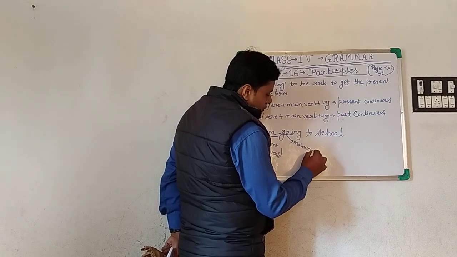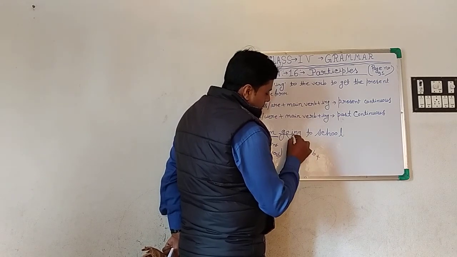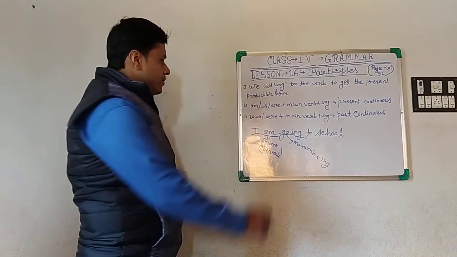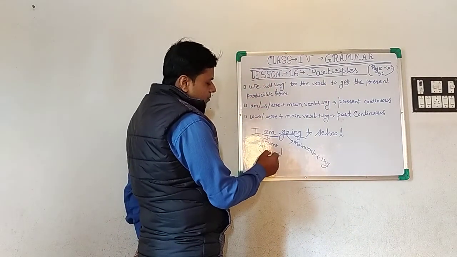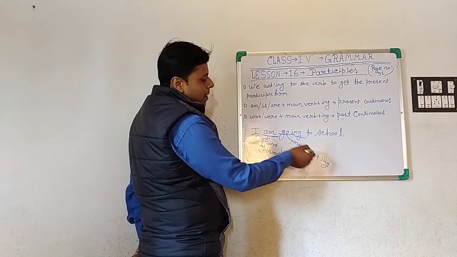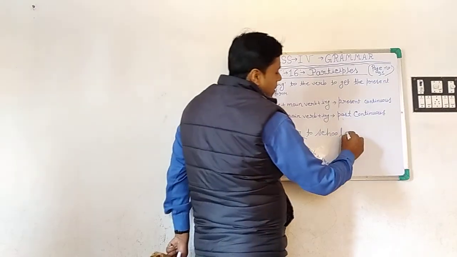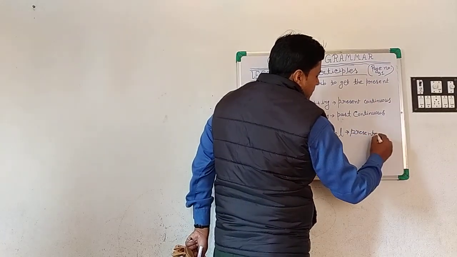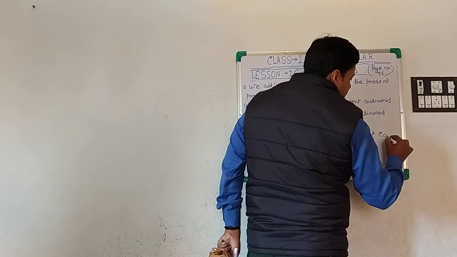We all know that go is the main verb, plus we add ing. So here, am is the present form of the be verb and go is the main verb plus ing. So it is present continuous tense. Is that clear? Present continuous tense.